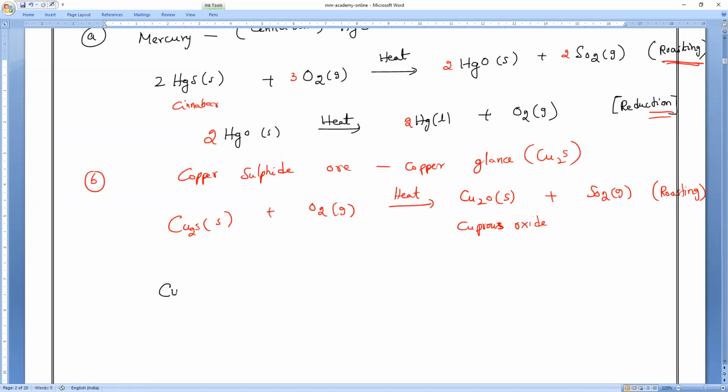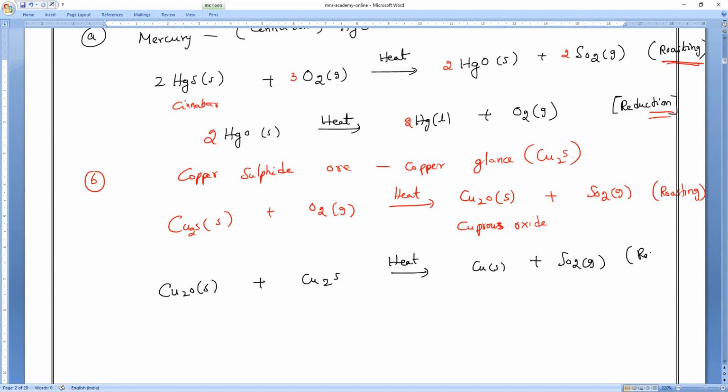Then we have to take that cuprous oxide and further if you continue, keep it in mind, here the equation will change a little. Again, cuprous oxide plus cuprous sulfide, if you take it and continue the heating, then we will get copper plus sulfur dioxide.